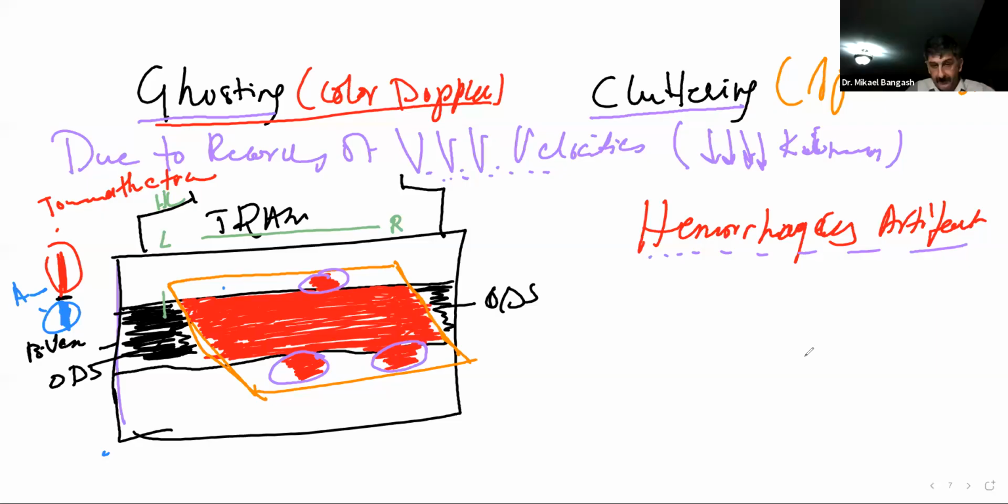The hemorrhaging artifact, now, that's not actually a name, but mainly just a term that I made up. It explains what the artifact looks like. You may actually say, is the patient bleeding here? No, it's just ghosting.